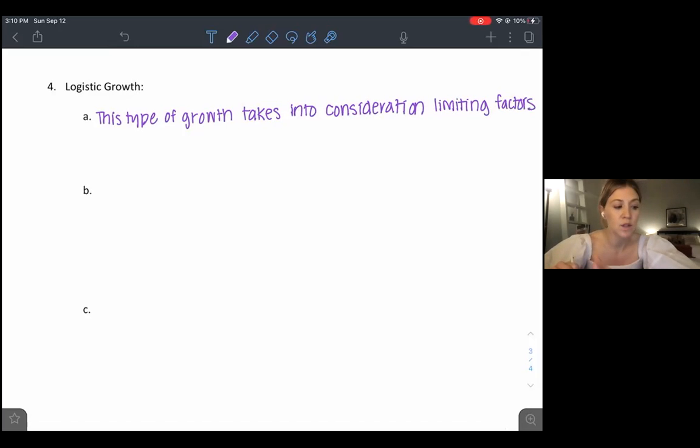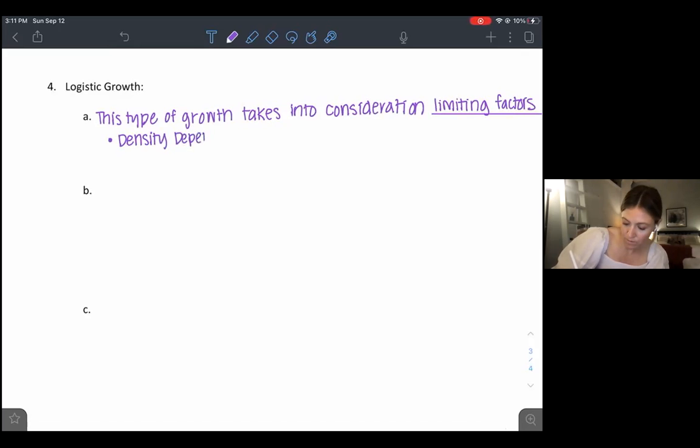We actually have two types of limiting factors. This is an important vocab term from our chapter. We have density dependent limiting factors. Those are the limiting factors that are going to have a larger impact as the population gets larger.